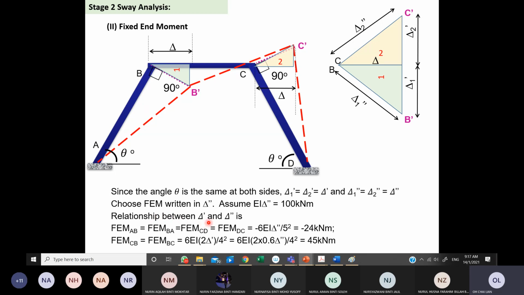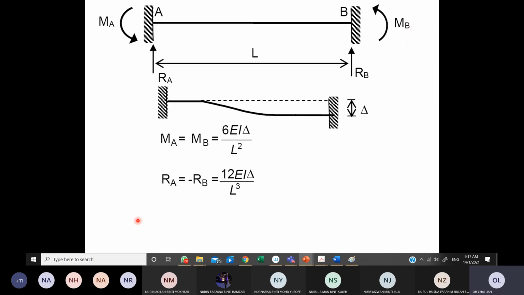But we need to know the relationship between these deflections. For example, let us just write the fixed moment first, based on this equation. The equation is 6EI delta over L squared, so we need to know the delta value, and we need to know the direction.